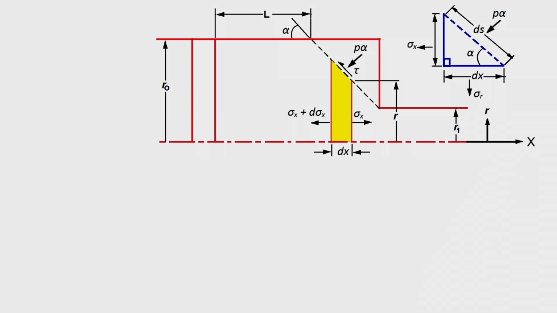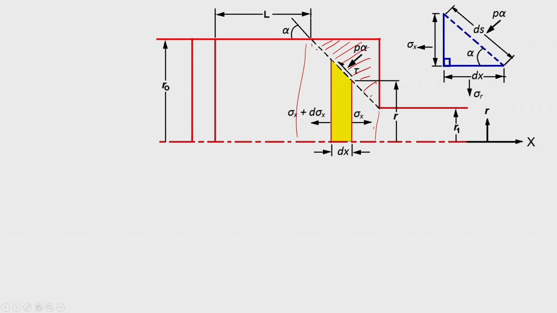We have to study the deformation zone. It is basically a conical section, as we are assuming a conical die. See, this is your die, and from here is your deformation zone; the other part is not deforming.